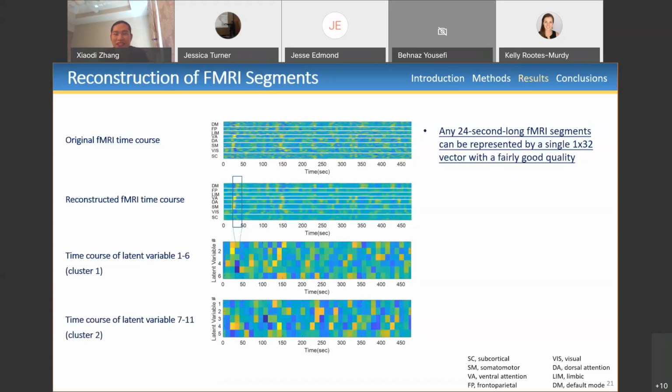So I think in a way we can claim that we have found some sort of building blocks of brain state dynamics, because just choosing different weights of these latent variables can produce virtually any kind of spatiotemporal information you will see in an fMRI data set.